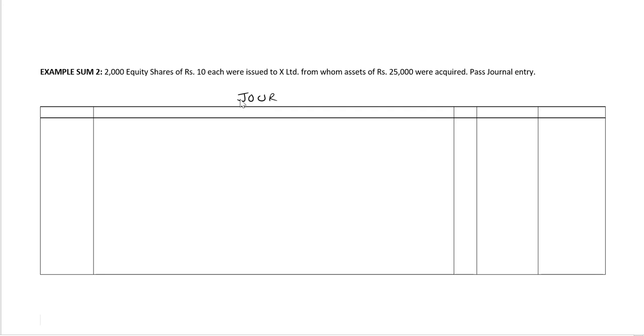Journal, date, serial number, particulars, LF number, debit rupees and credit rupees. First journal entry is for purchase of assets worth 25,000 rupees from X Limited.